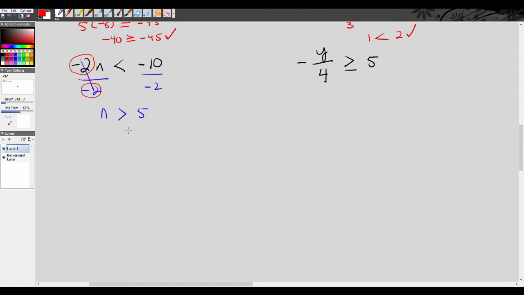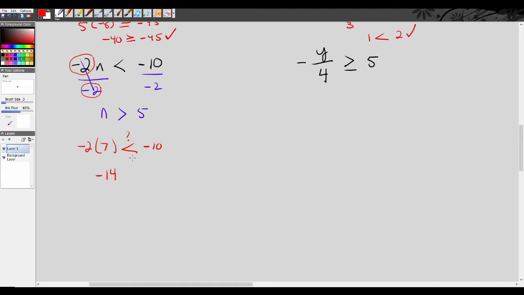So let's go ahead and test it and see. So now let's choose a number greater than 5. Let's choose 7. So if I say here, negative 2 times 7, is that less than, because the original inequality is less than, negative 10. So negative 2 times 7 is negative 14.